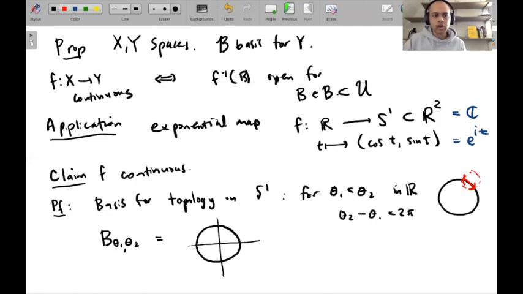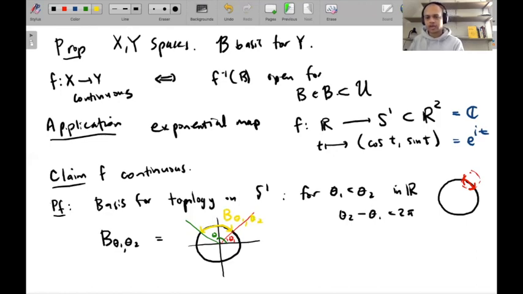So you have the θ1 line, and then maybe some other θ2 like this, and all of the points with angle between θ1 and θ2, that's what we'll call B θ1 θ2.